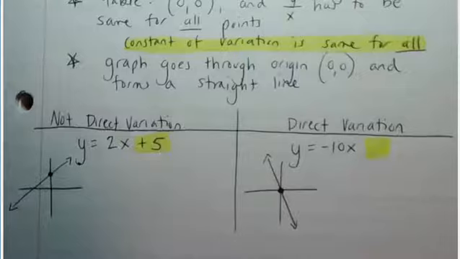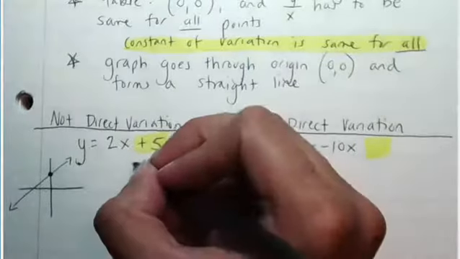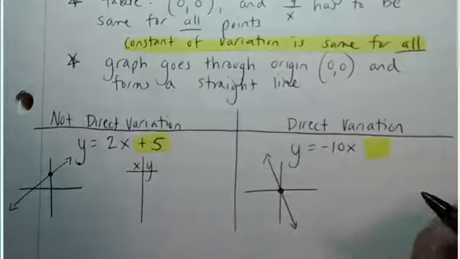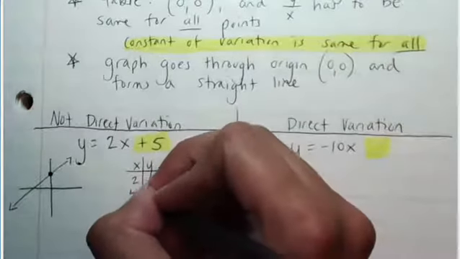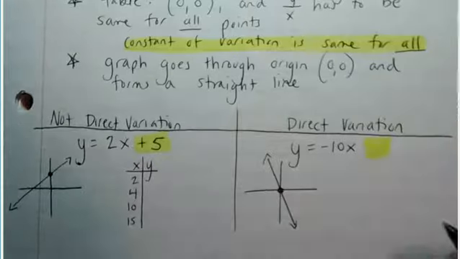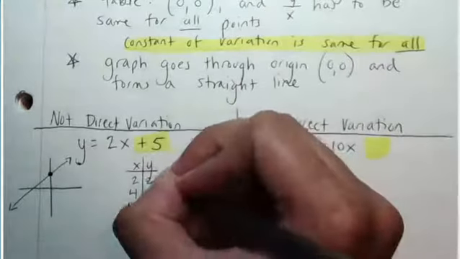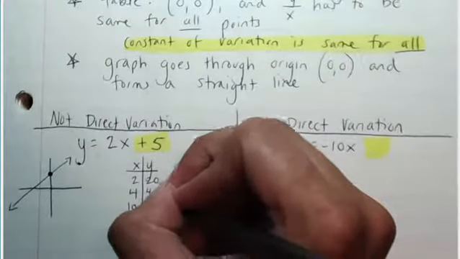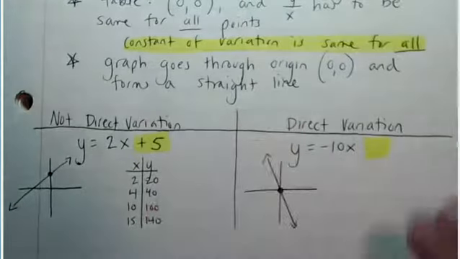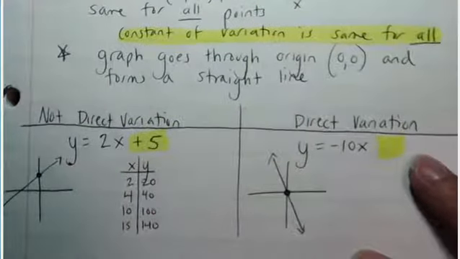And then remember how to find it from a table as well. If I write down this table, here's my x and y. Go ahead and copy this down. Let's say 2, 4, 10, and 15 for the x values, and 20, 40, 100, and 140 for the y values.